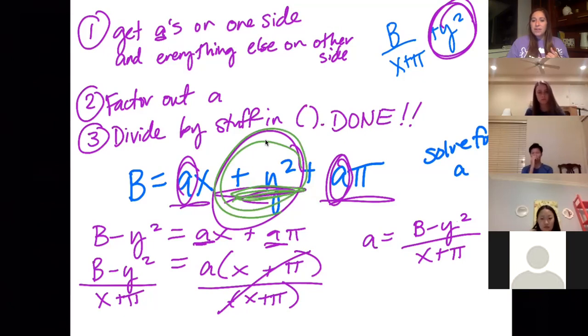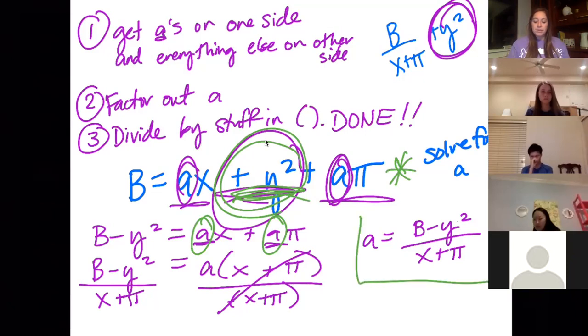The only time you can factor something out is if everything on that side contains that variable. So if I go ahead and move it to the left, now I can factor out an a because both terms have it. But I couldn't factor out the a in this step because I needed to move that y squared first. Okay. And then this would be my final answer.